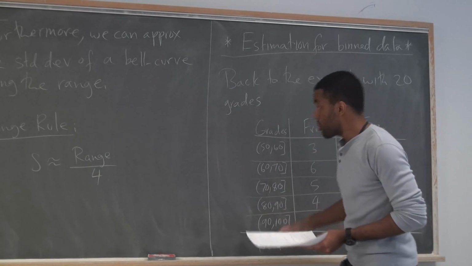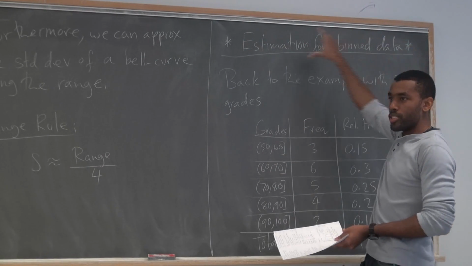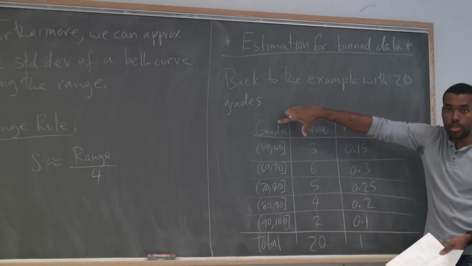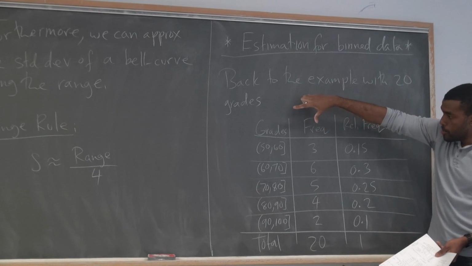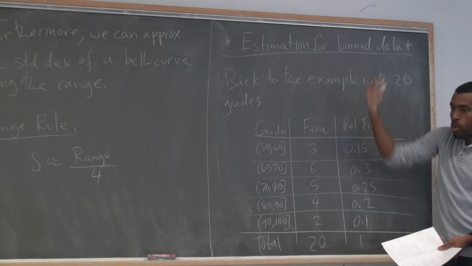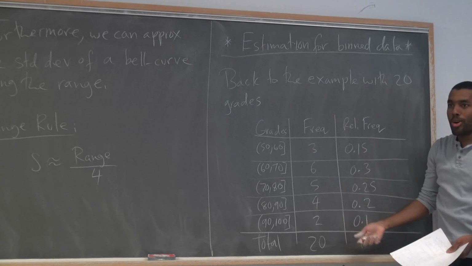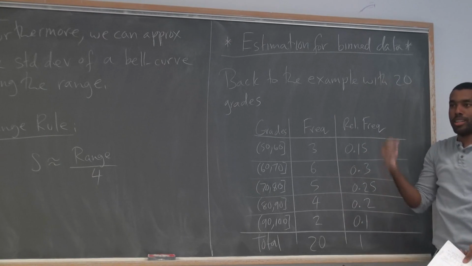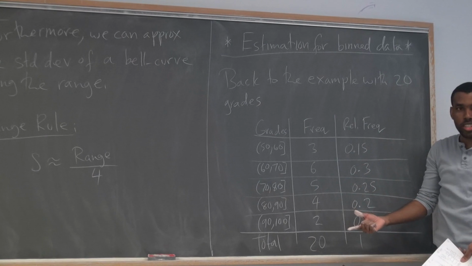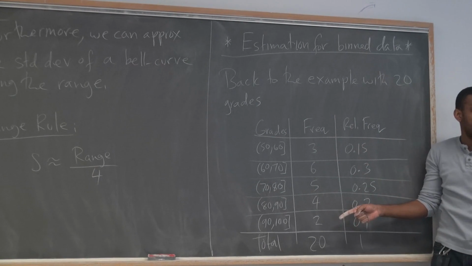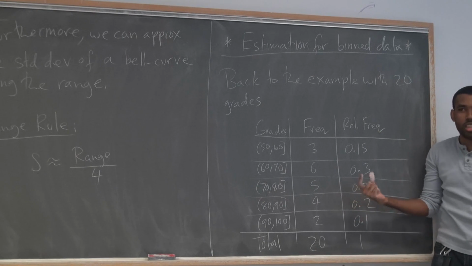Remember, before I wrote out this whole list of grades, it wasn't very useful, so I decided to throw it in a table and just count the frequency in a certain range. Now the question is, I want to be able to analyze this and answer questions about it. I know the best way to do this is to find the mean and the standard deviation. But obviously I lost some information by putting it in this table. I don't know what the exact grades are anymore.